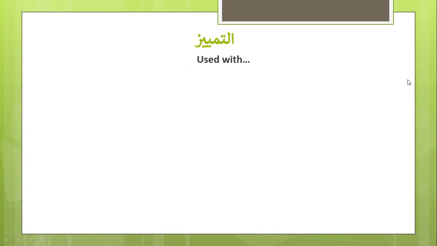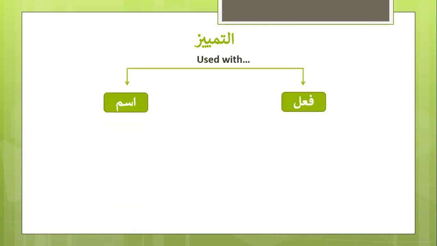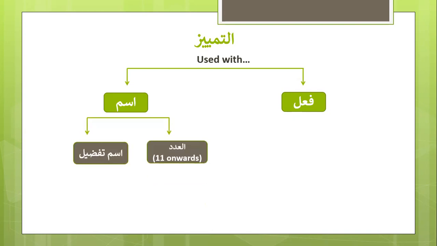Now, a tamyiz can be used in following ways. It can be used as an ism, it can be used as a fi'l. In ism, you would see it can be used as ism tafdeel or al-adad. Ism tafdeel is something we are just going to study, and basically the comparatives part is what we are going to study over here.